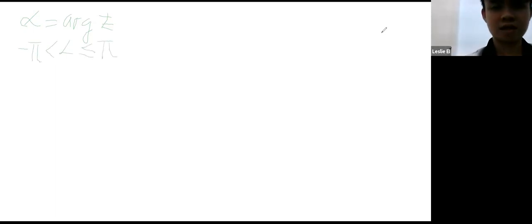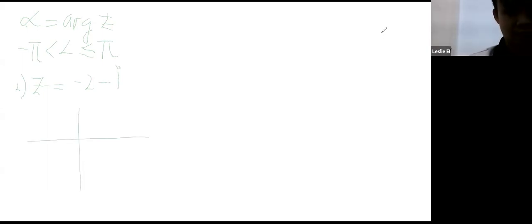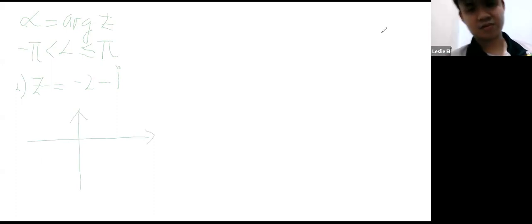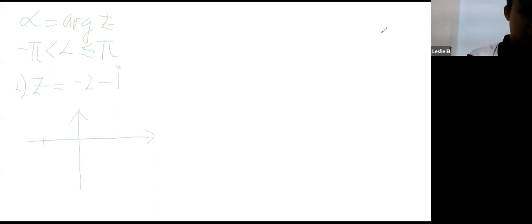So let's say now I want to change question number 2, where z is negative 2 minus i. If I plot it, is it still in the first quadrant? No. It's in the third quadrant.